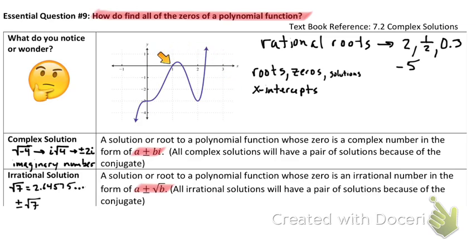So I'm going to put in red the solutions to this particular graph, okay? So if you look, the solutions we get are these. Solutions or roots are basically where my graph touches the x-axis. So these are the solutions or roots or zeros of my function. They're also called x-intercepts.